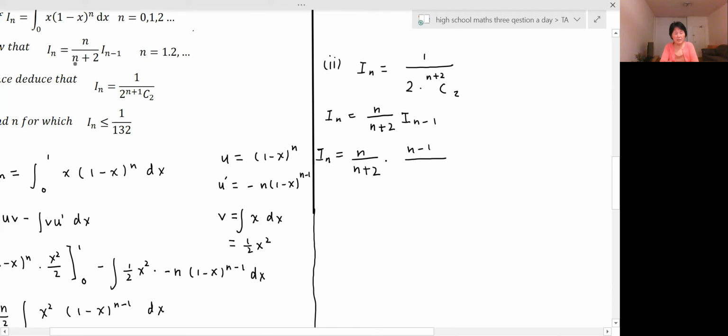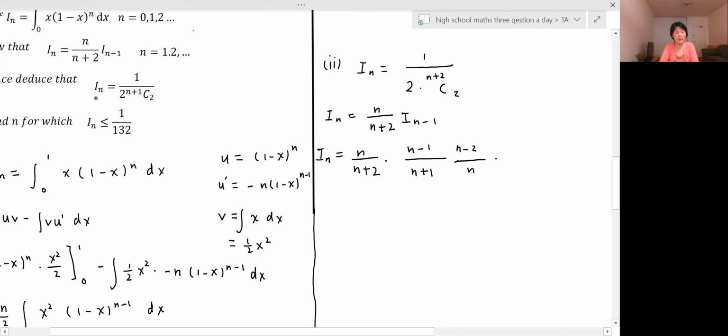Replacing n minus 1 here will be (n)(n+1), then times I_{n-2}. Next one, using n minus 2 to replace, will be (n)(n-2). On this one, using n minus 2 to replace n.